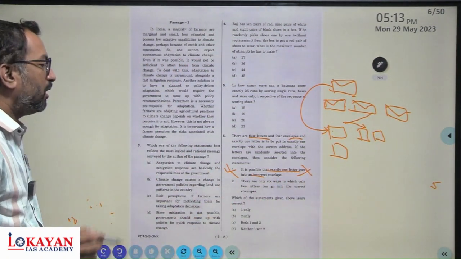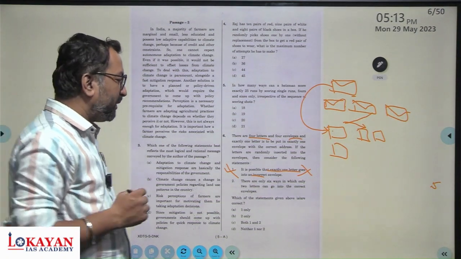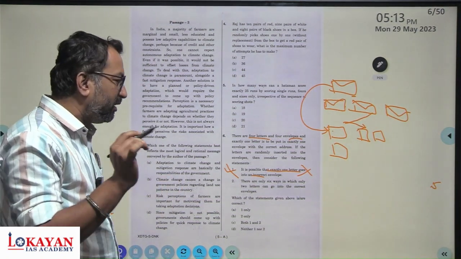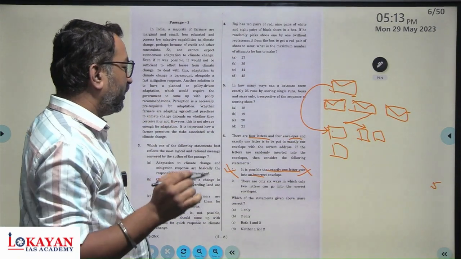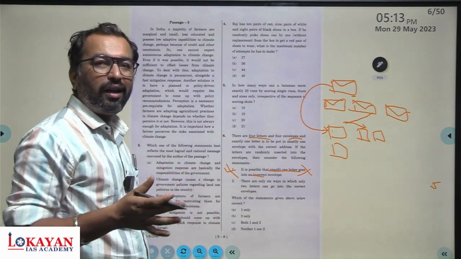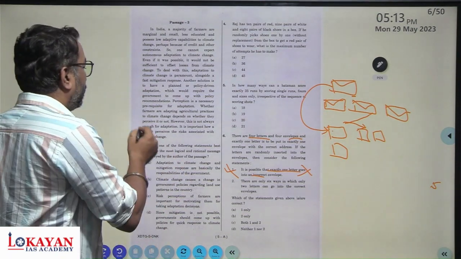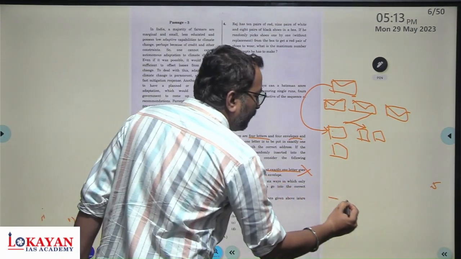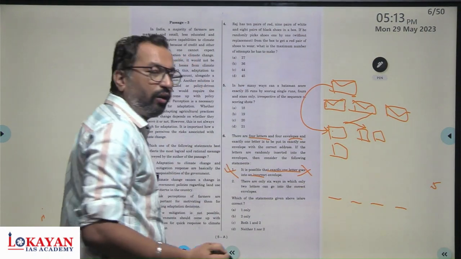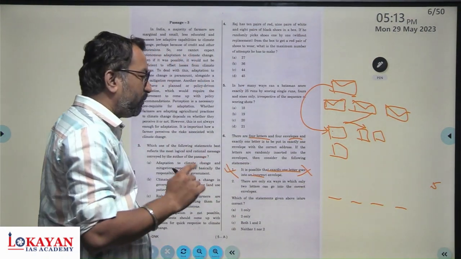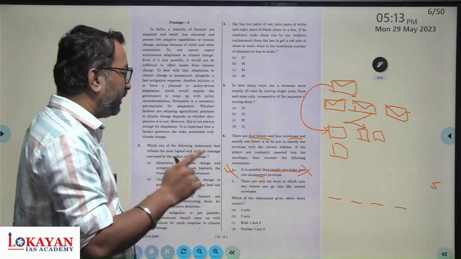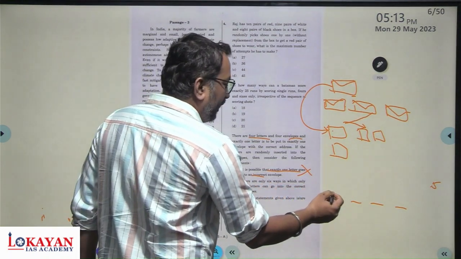First statement is wrong. Now second statement says there are only 6 ways in which only 2 letters can go into the correct envelopes. There are 6 ways. Now these are 4 positions or 4 envelopes, and there are only 6 ways in which only 2 letters can go into the correct envelope.